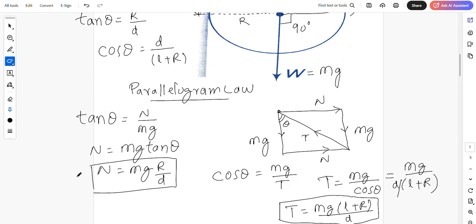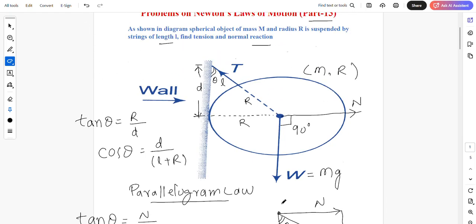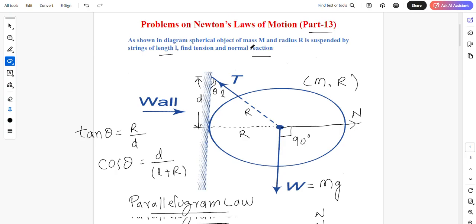This is the equation of the normal reaction, and this is the equation of tension in the string. Now we have found the tension and normal reaction. Let us go to the next problem.